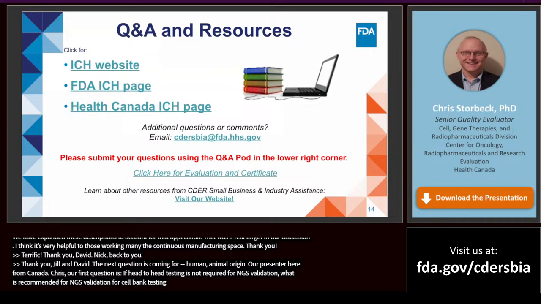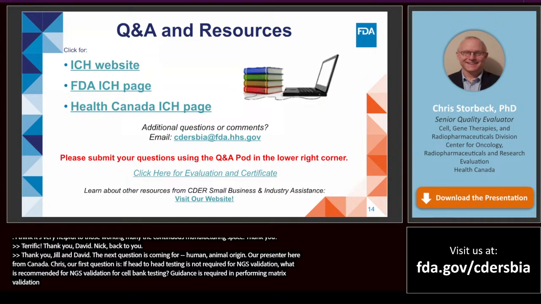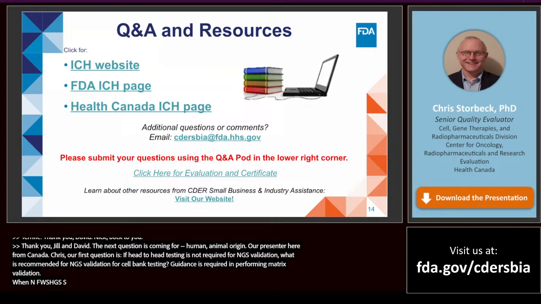Hi, Nick. Thank you for the question. So for validation, guidance is provided regarding validation of the method, and performing matrix-specific validation when NGS is used as a replacement method is recommended, and qualification of the method in matrix-specific verification if NGS is used as a supplementary method.